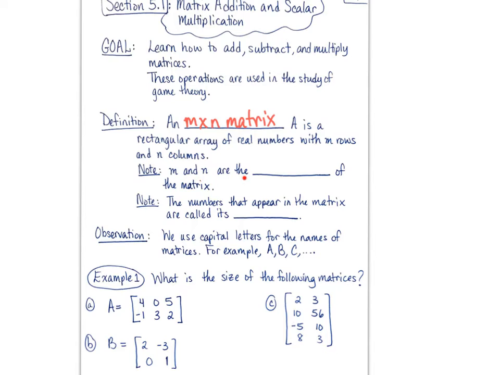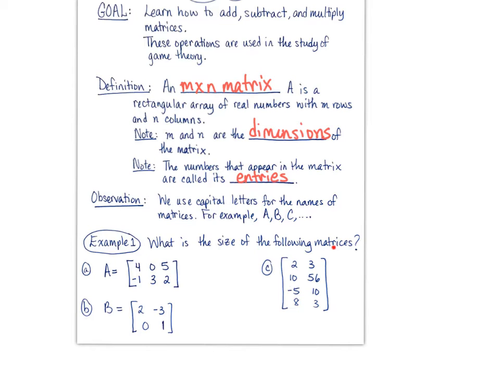M and N are what we call the dimensions of the matrix, and the numbers that appear in the matrix are called its entries. We typically use capital letters for the names of matrices, for example, capital A, capital B, capital C.